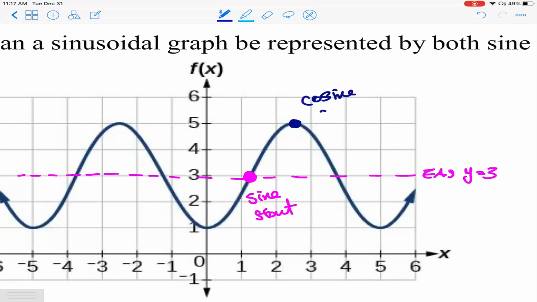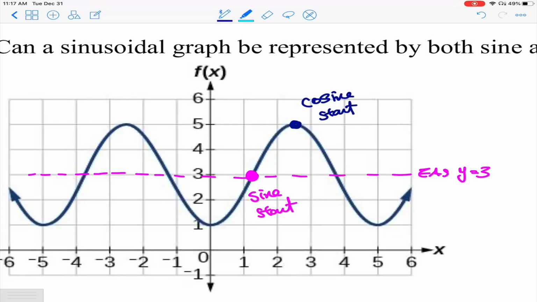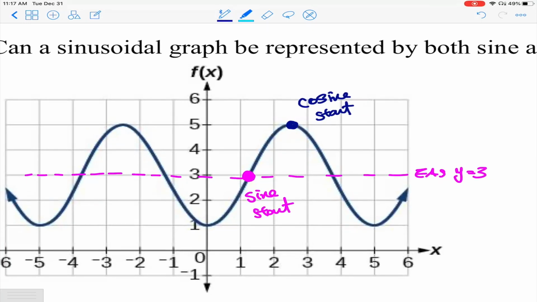That's my cosine start. By the way, if you're not sure how the cosine could be on the same graph as the sine, the cosine is right there, it is basically repeated, right? And the sine can then be this way, or that way. So one graph can have both the sine and the cosine function.